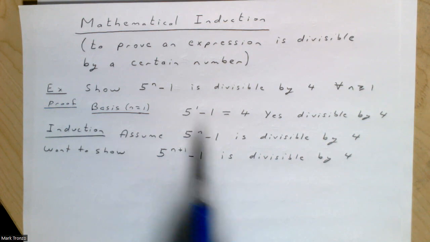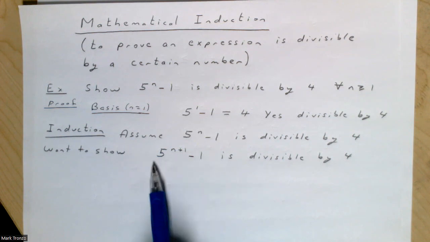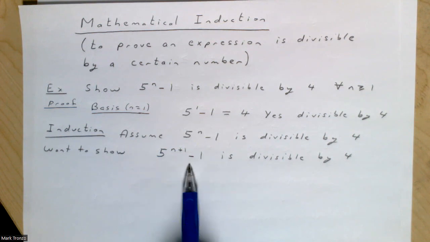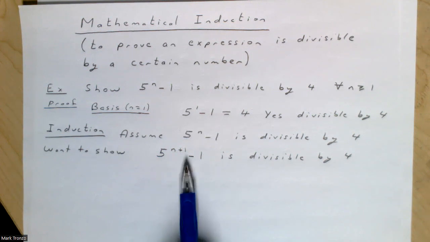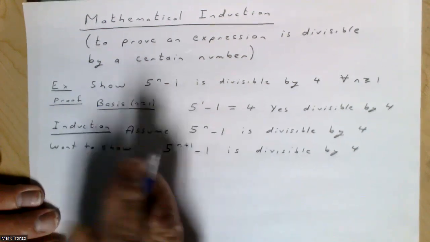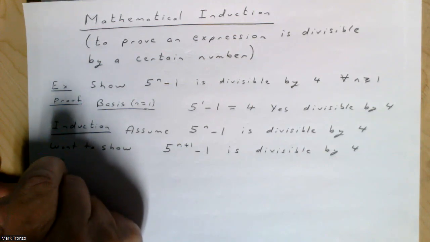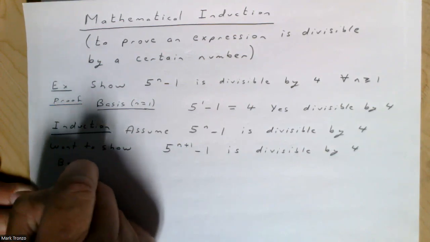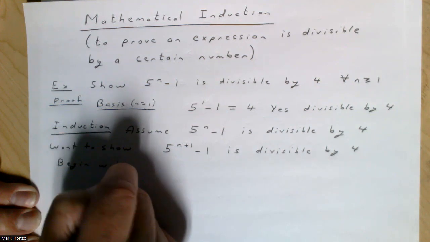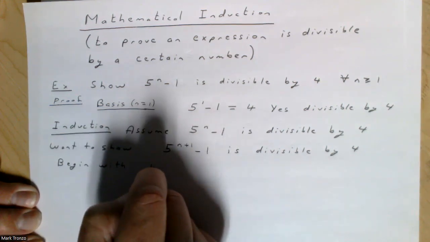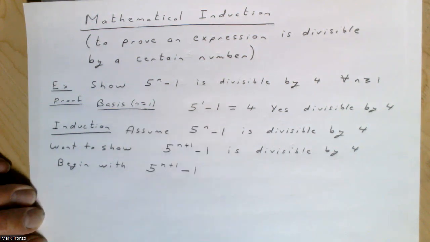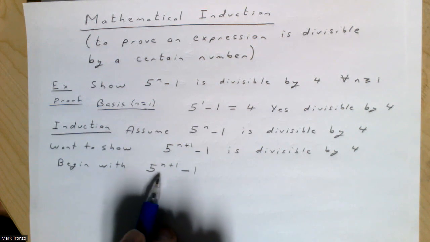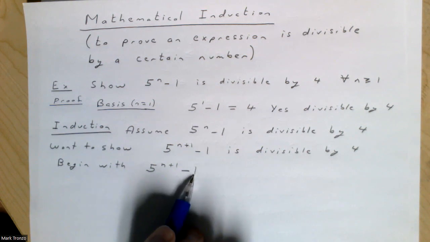In this case, usually we'll start with the expression we want to show and then show that this is divisible by 4. We can't assume it's divisible by 4, but we can start with this, and we want to show that this is divisible by 4.